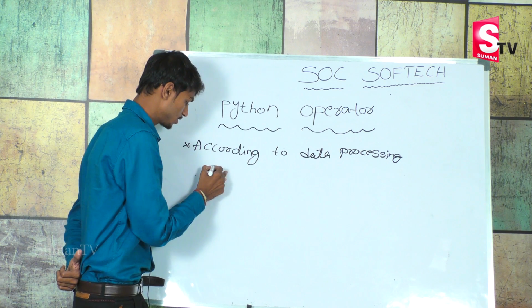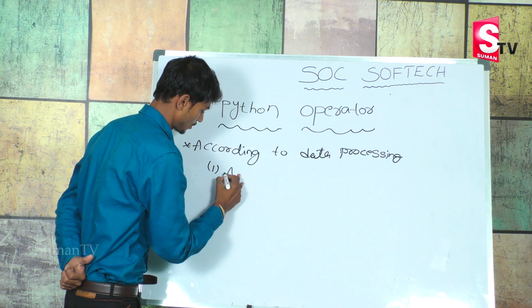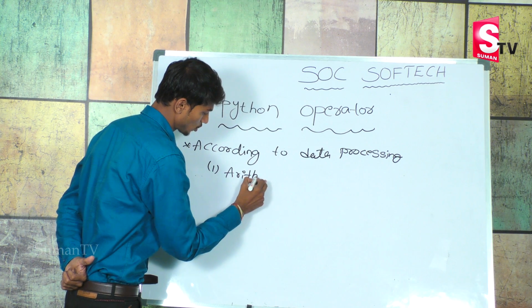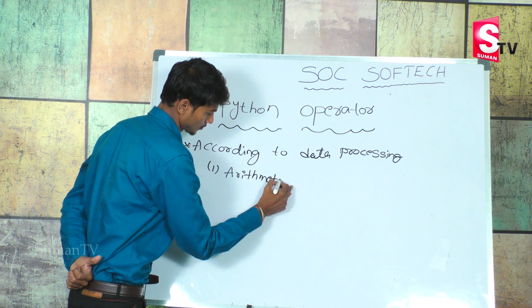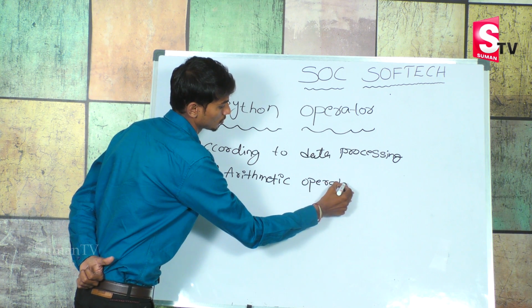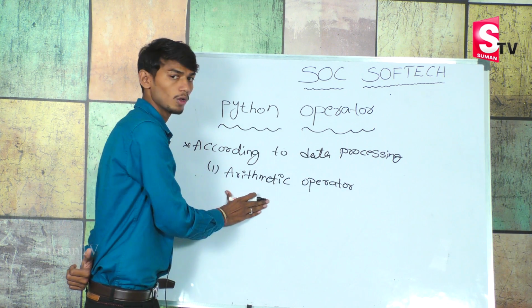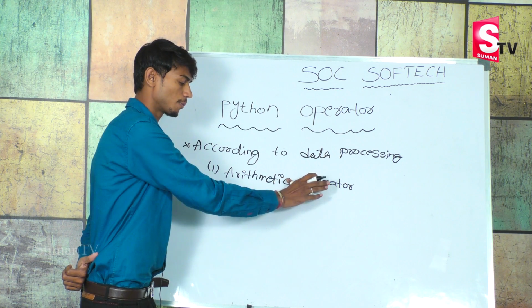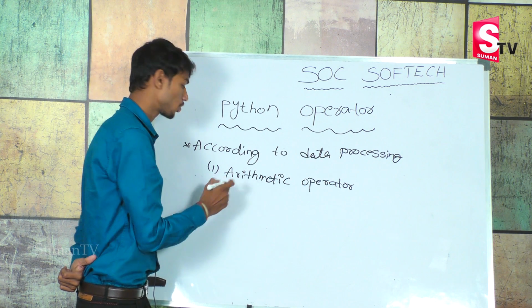I will list them out one by one. The first one is arithmetic operators. The operators which do all the arithmetic calculations, we call arithmetic operators.